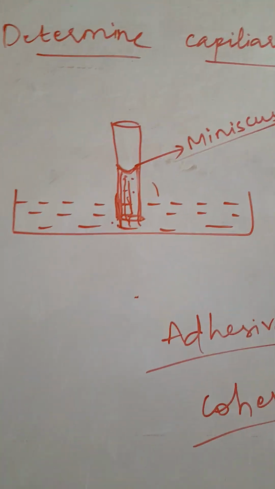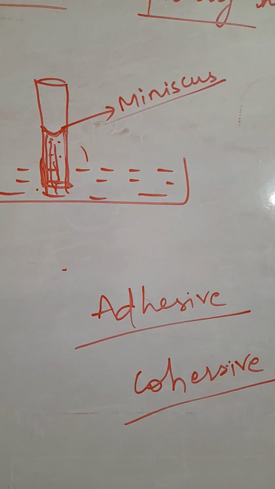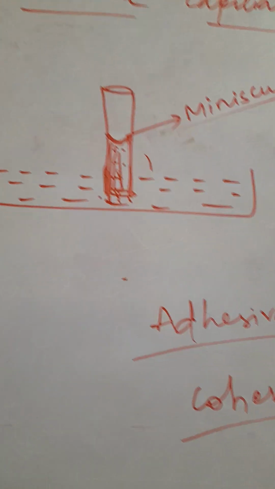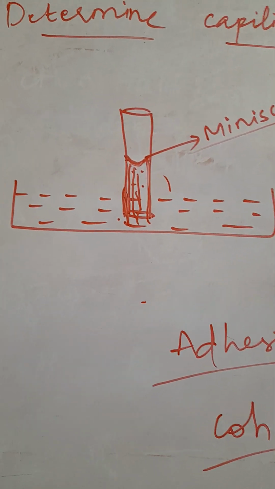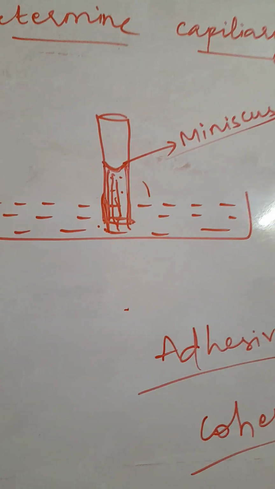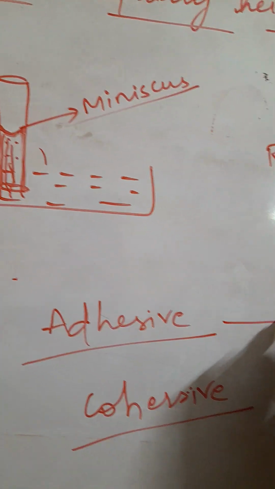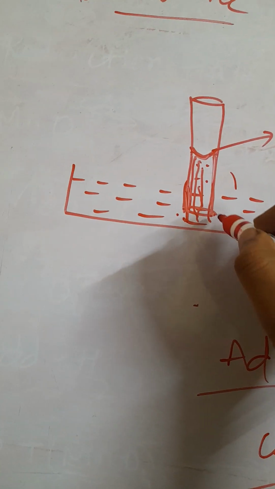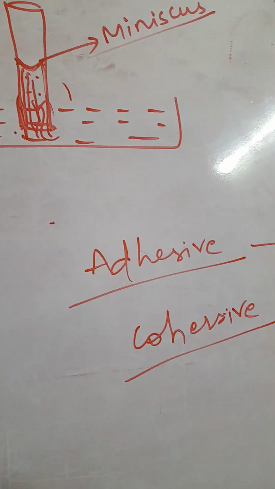So this is the basis of capillary tube. Next we'll move on to what forces are acting, so that we can find the height of the capillary tube. First, due to adhesive force, the molecules of water will be moving upwards. So there is an upward force here.